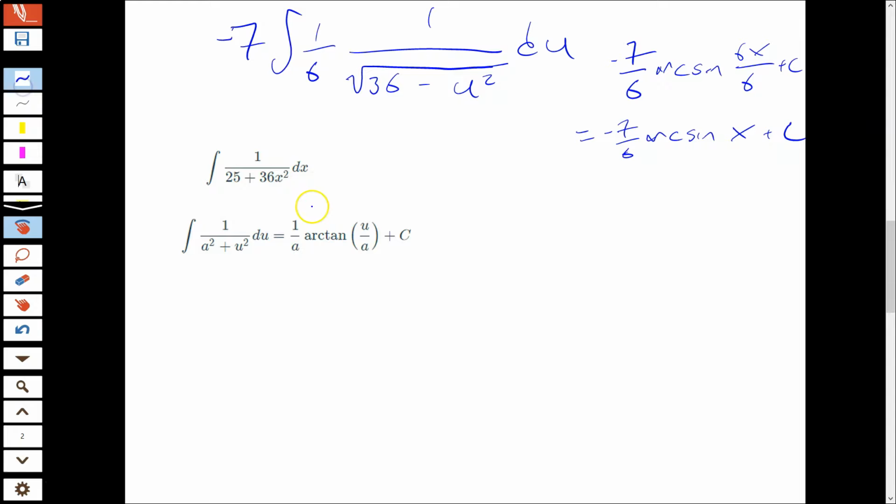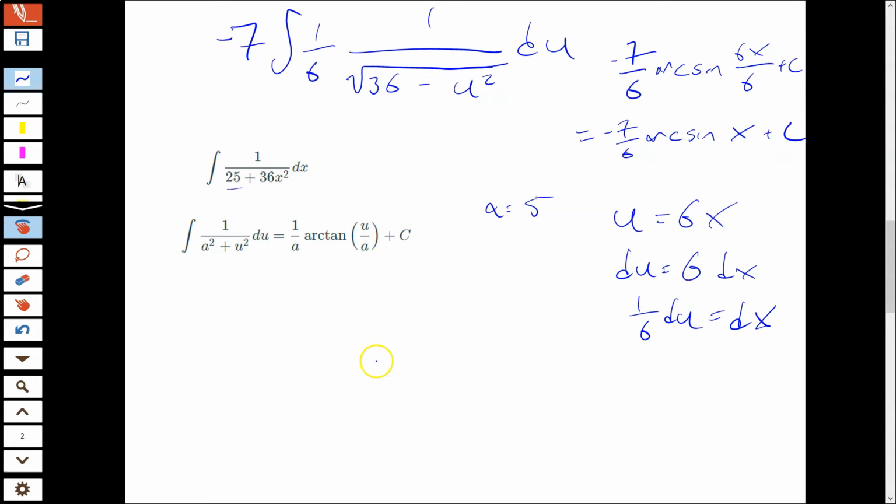So again, I have a u and an a. My a is going to be 5. 5 squared gives me 25. U, again, same as the last one, is going to be 6x. 6x squared gives me 36x squared. So du is going to be 6 dx. And then 1/6 du, same as the last one, is going to be dx.